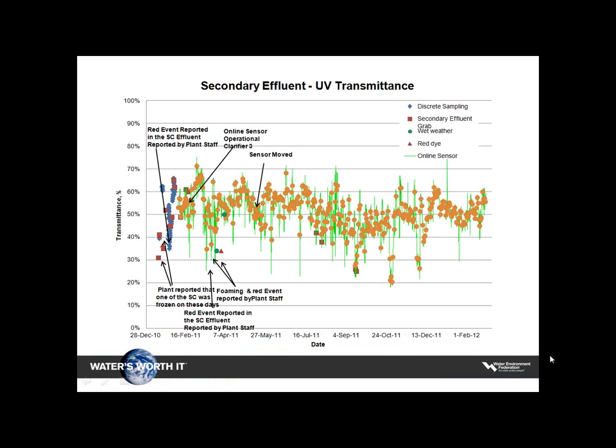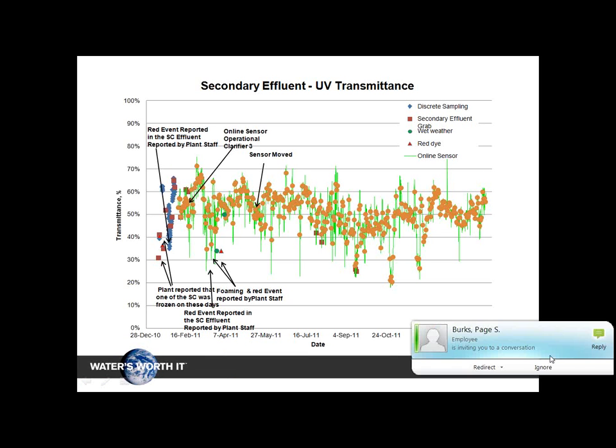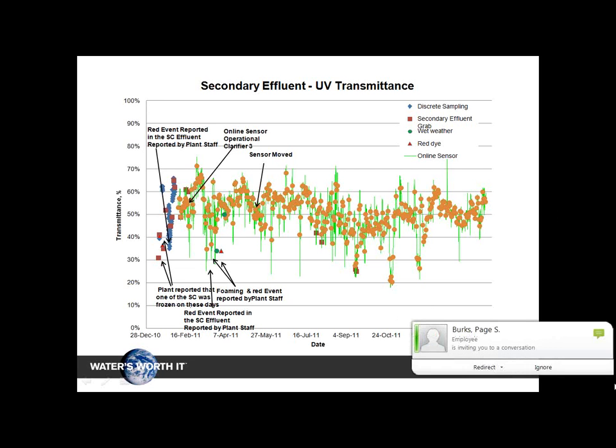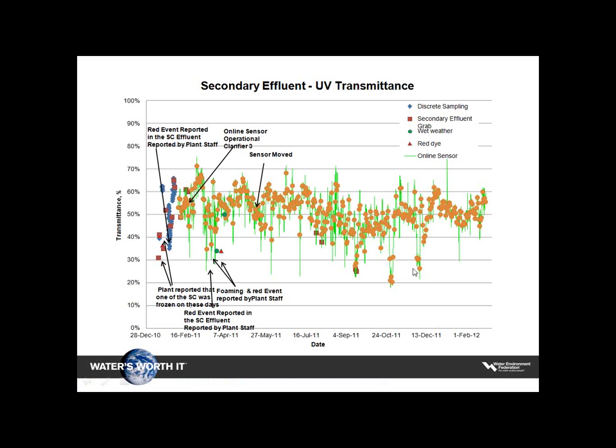This is data from secondary effluent UV transmittance that was online, that we've taken. Notice we've tried to check it through different time frames over time. This is where we've referred to red dye events and online events that we can look at.